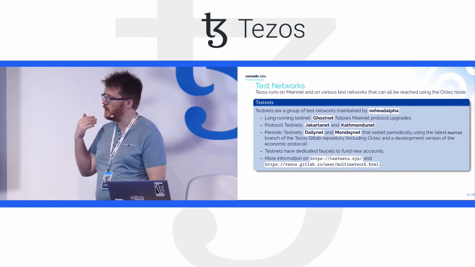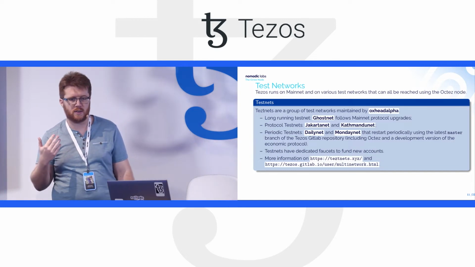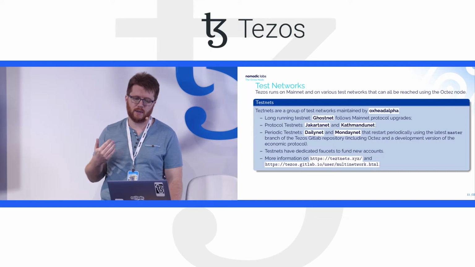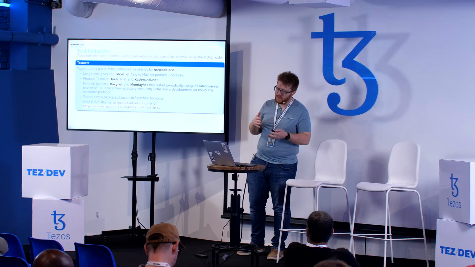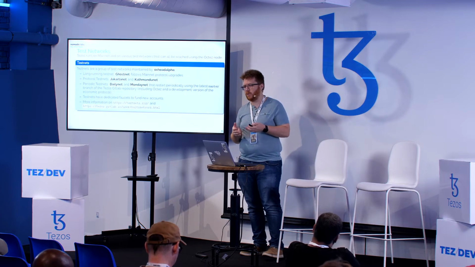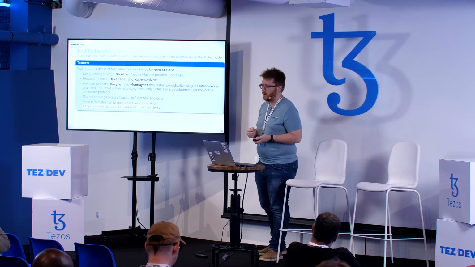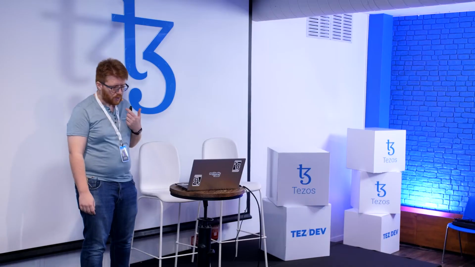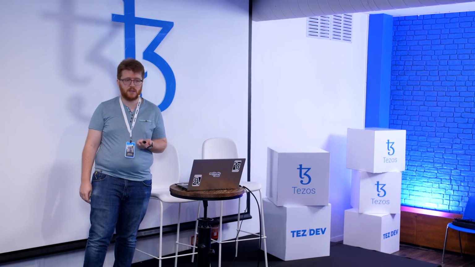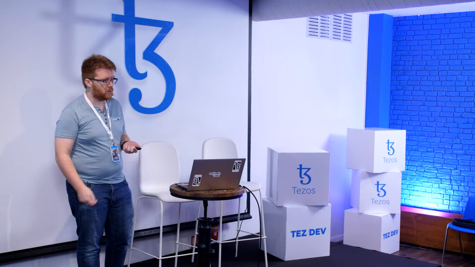This means that they include the latest version of Octez, even before it's released, and the current development version of the economic protocol that will probably end up being an amendment and maybe voted and activated as a new protocol in Tezos. All those testnets have dedicated faucets to fund new accounts, so you can use them to test your applications. And again, I invite you to look at the testnet webpage for more information.